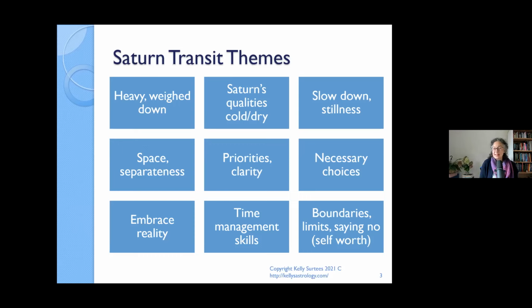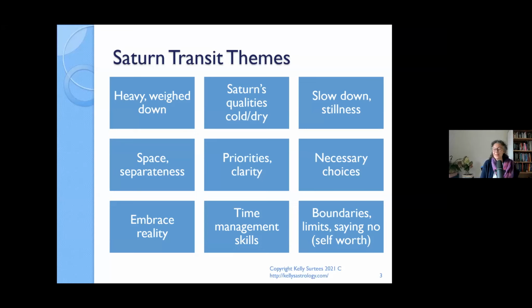Saturn's qualities as a planet are the qualities of coolness or cold and dry or dryness. And each of those qualities tells us something about the way that we are most likely to engage with life and events when we're in a Saturn transit. The cool quality is associated with slowing down, with stillness or moving at a more measured, manageable pace.